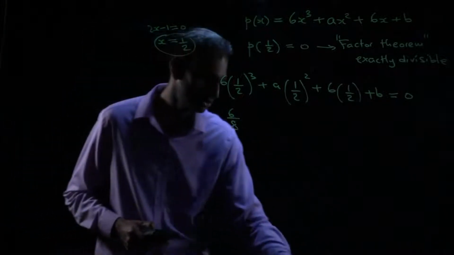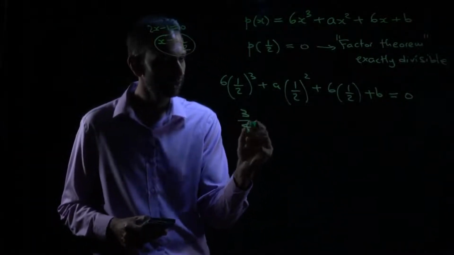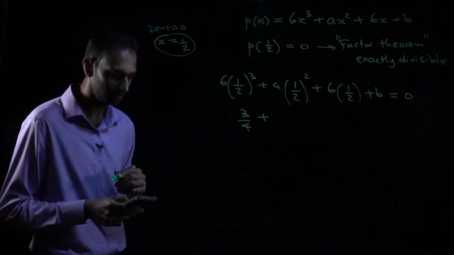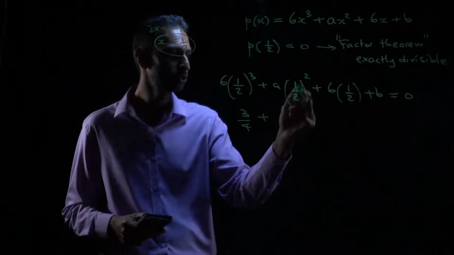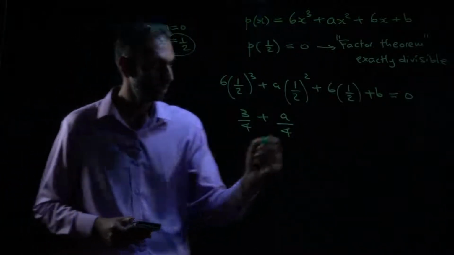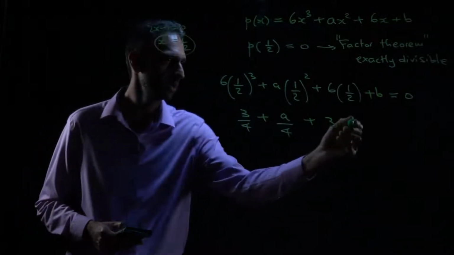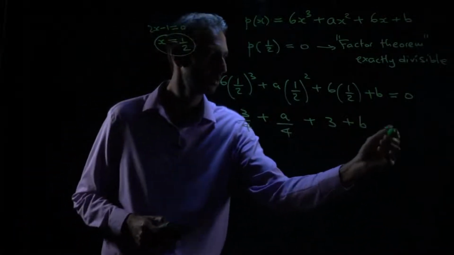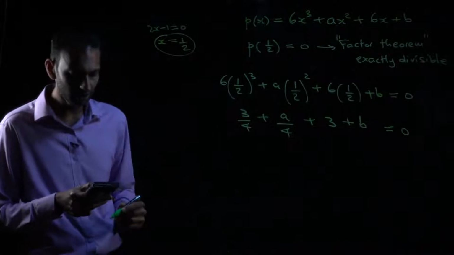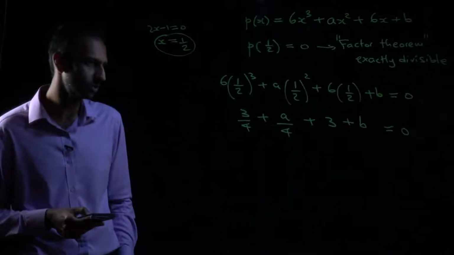And 6 over 8 is just 3/4. So let's simplify it. Plus 1 over 2 squared is 1/4, which is a over 4. Plus 6 divided by 2, which is 3. Plus b is equal to 0. So 3/4 plus a over 4 plus 3 plus b is equal to 0.